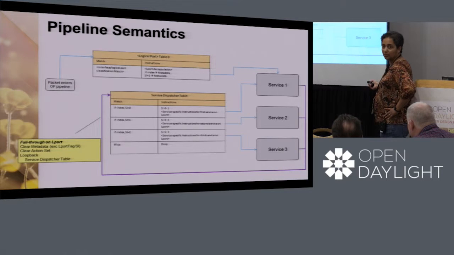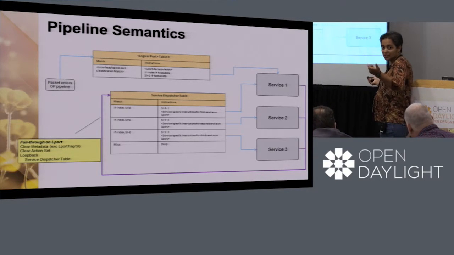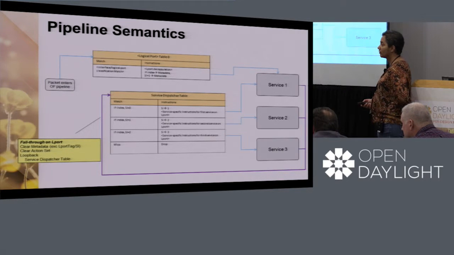It's a linear bump up of the priority, as well as a change of the metadata. Any service specific instructions on the port, as well as the service's independent tag that needs to go in the packet itself, would be put in the metadata. That's how it sends the packet through every service's pipeline. In order to be a good citizen, is it a good idea for a service to not drop the packet?